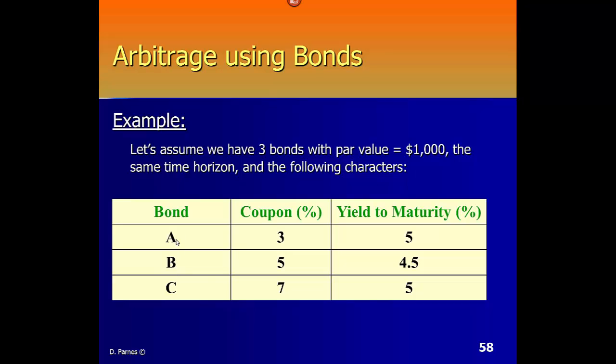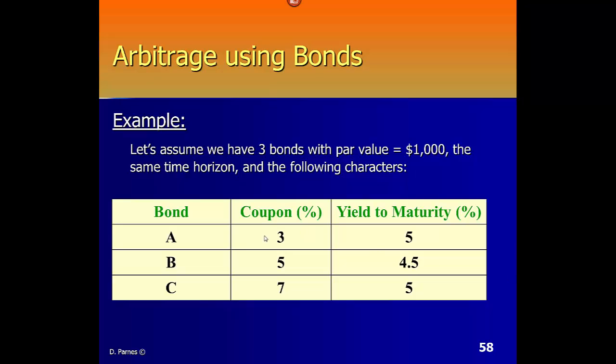We're buying 50% of our money in bond A, 50% in bond C. So we're investing in a portfolio of bonds A and C. What's going to happen as a result? First of all, when we buy this portfolio, we're paying a small amount of money, definitely smaller than bond B. Why is that? Because the portfolio of bonds A and C has a higher yield to maturity, 5% compared to 4.5%. With a higher yield to maturity, the price must be lower. Everything else is the same.